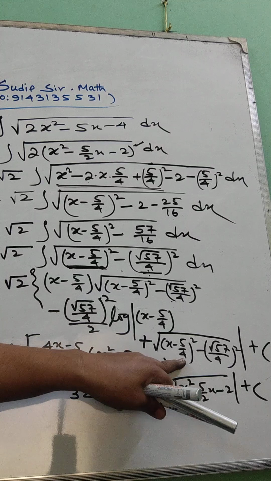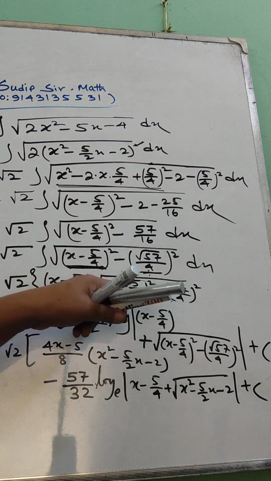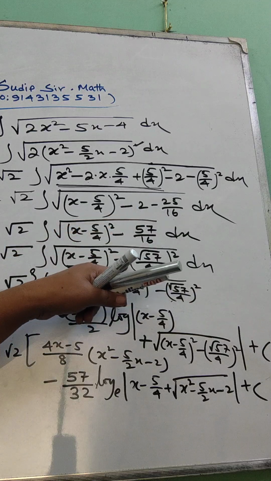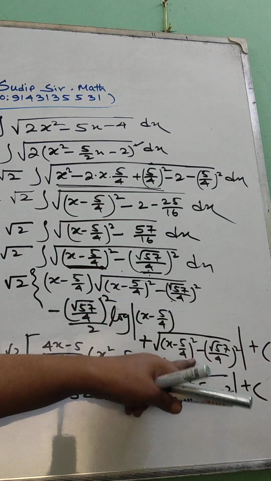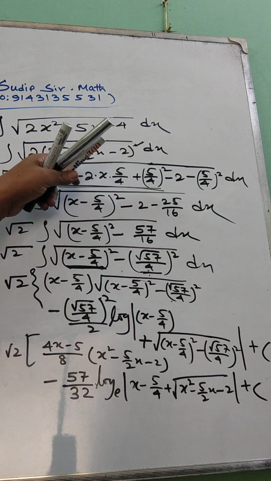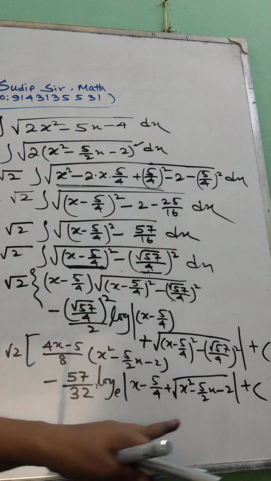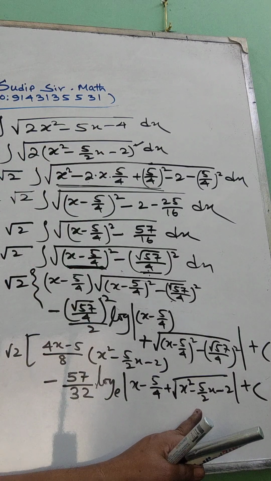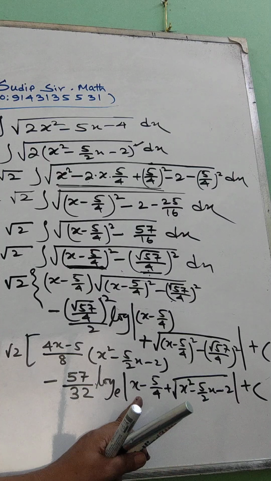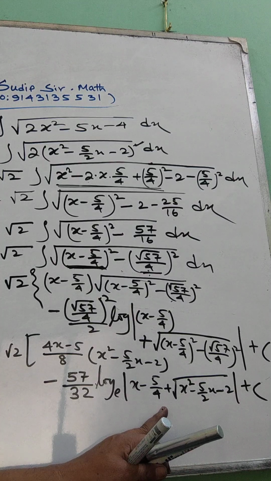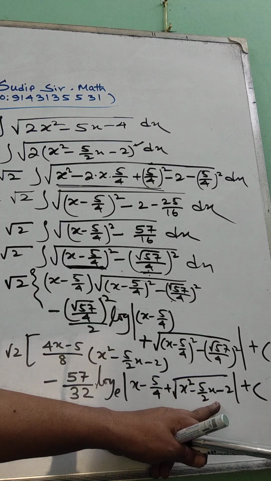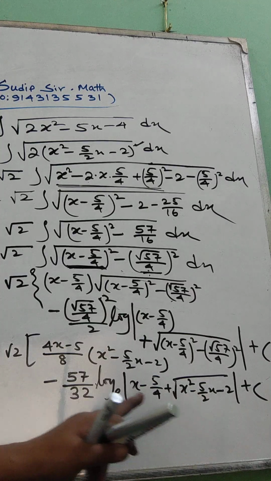If you simplify this, it will be this only. Because this part is the same, and this is for this part. So this is x minus 5/4 root over of x square minus 5/2 x minus 2.